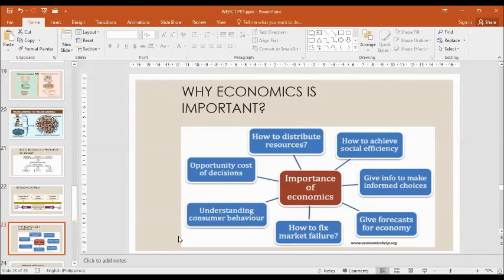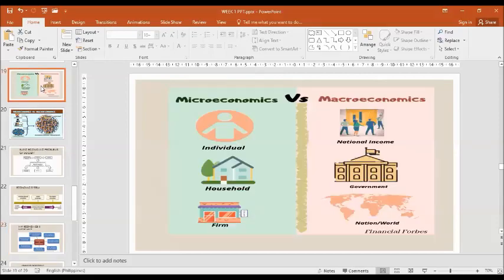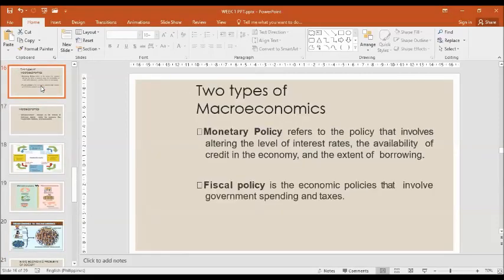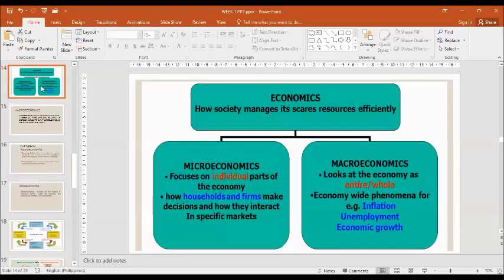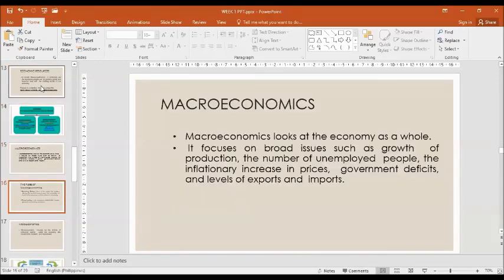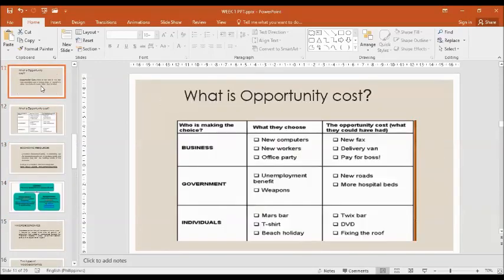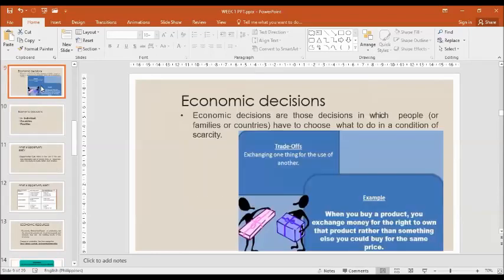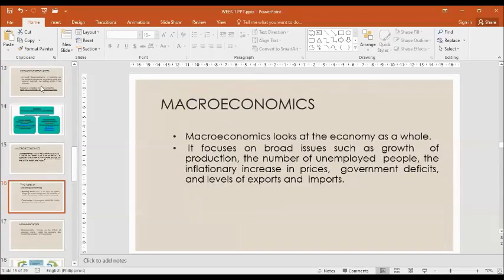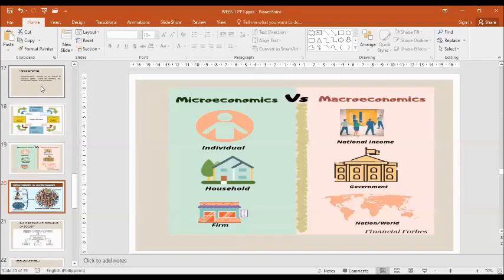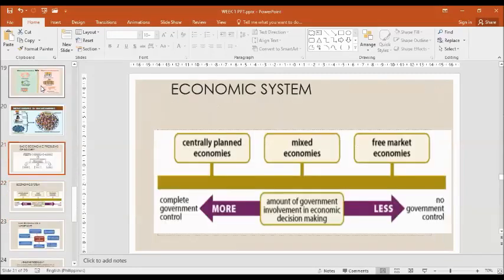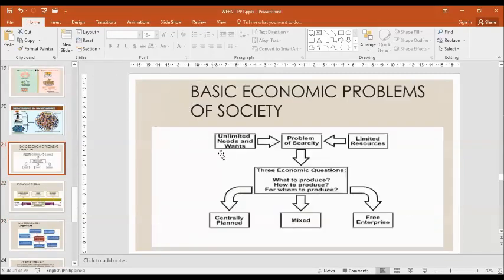And then understanding consumer behavior, since we are still looking back to the previous topic, which is unlimited needs and wants.